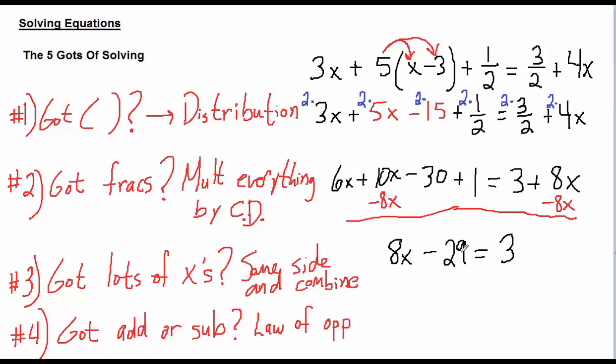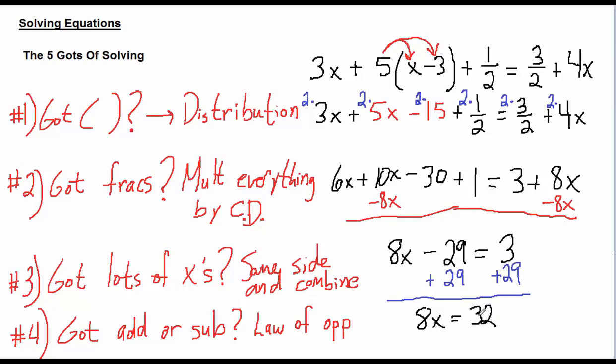So here, I'm going to undo my minus 29. To undo minus 29, I need to add 29 to both sides. Plus 29, plus 29. When I do that, I'm left with 8x equals 32.